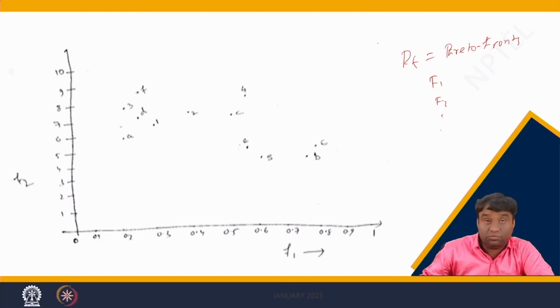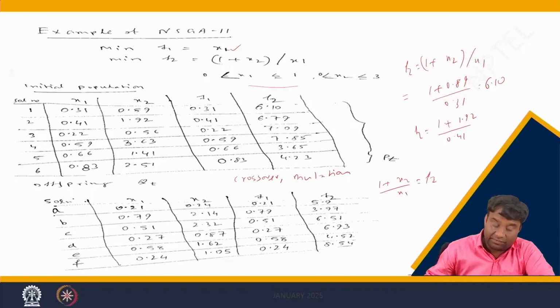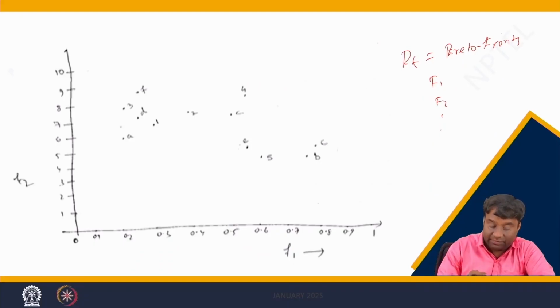Here we try to do the same. Both objectives are minimized, so see which value is less. That will be in the first front. I think the least value is for A, so here you will get the least value at A.